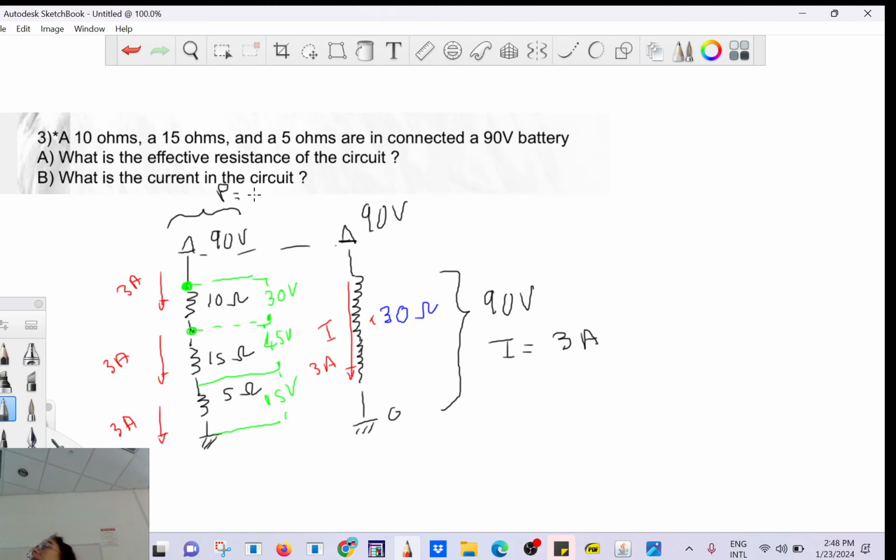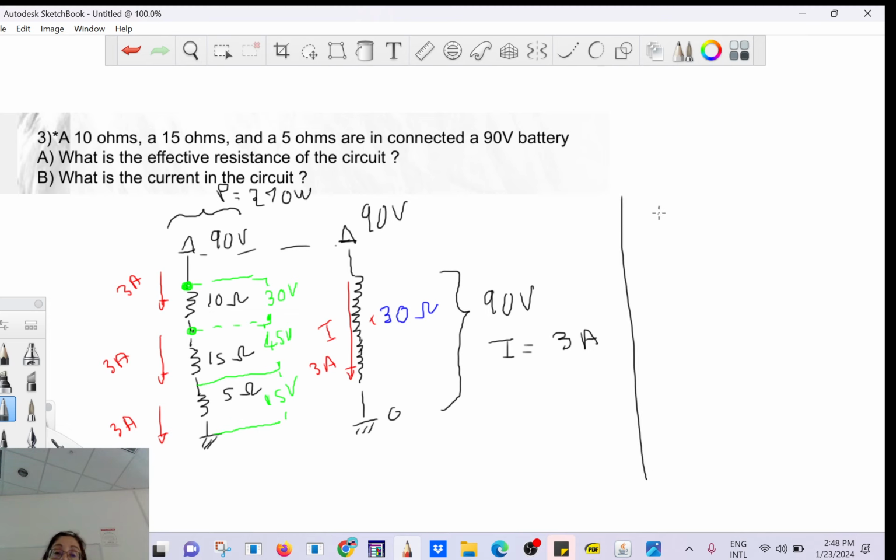V times I, it's going to be 270, 270 watt. Do you agree? So that power, V times I, some of it is going to be consumed by this one, some of it by that one, some of it by that one.